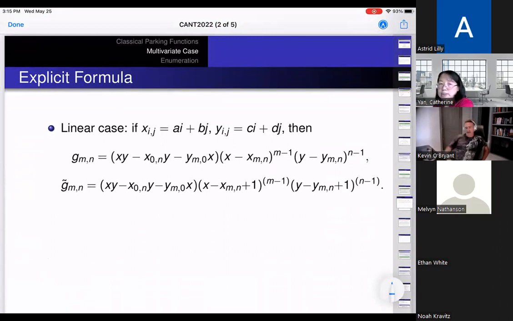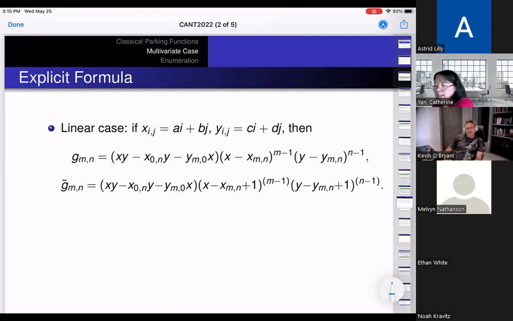In this case we can compute them. You have an explicit formula, either in the standard case or in the difference analog. Each two-variable Gončarov polynomial is a product formula of pretty nice linear factors.